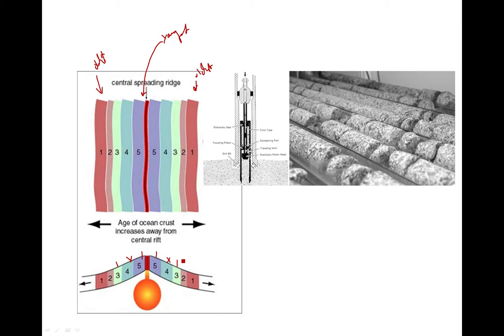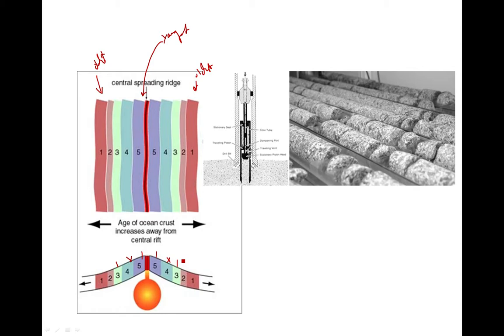The ocean floor was only about 150 to 180 million years old. Way younger than anyone expected, so it surprised pretty much everybody. They thought it was going to be the oldest rocks on Earth when they brought them up, but it wasn't. Okay, only 180 to 150 million years old. That should make sense because Pangaea, remember, split up about 200 million years ago.